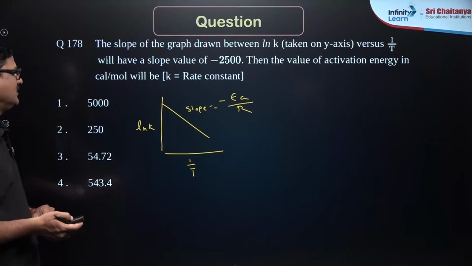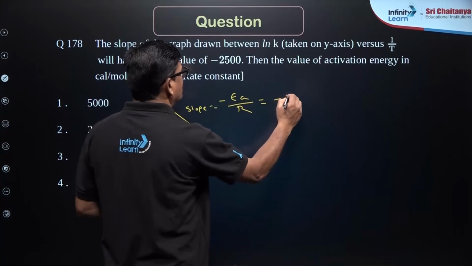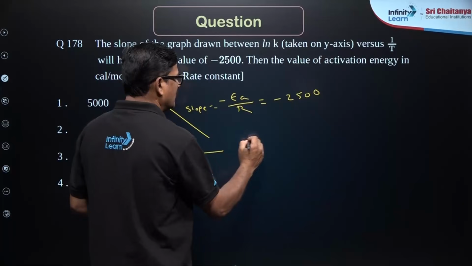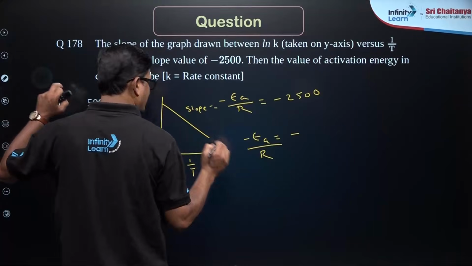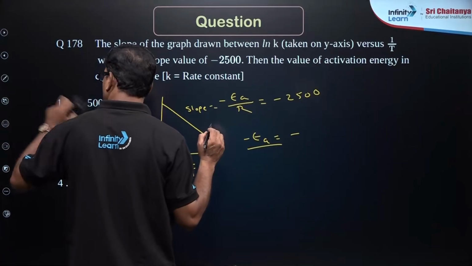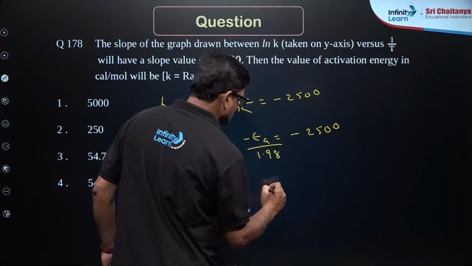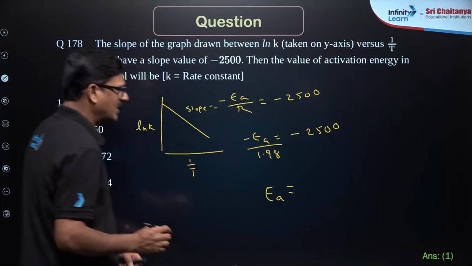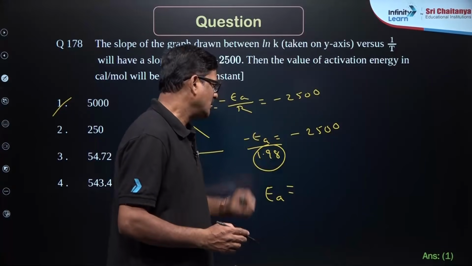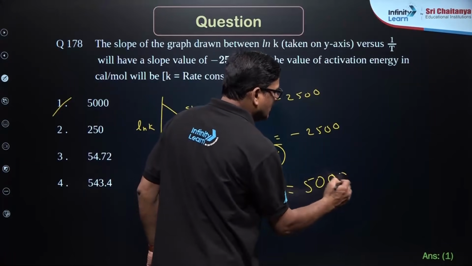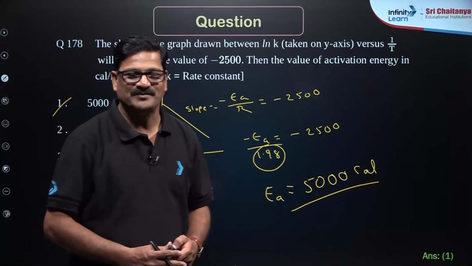That value is given here, -2500, so -Ea/R. The R value in calories you can take as 1.98, and with -2500, the activation energy is calculated as 5000. You can make 1.98 as 2, so approximately 5000 calories will come. So answer 1 is the correct answer for this question.